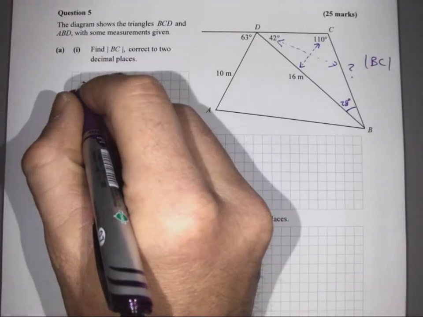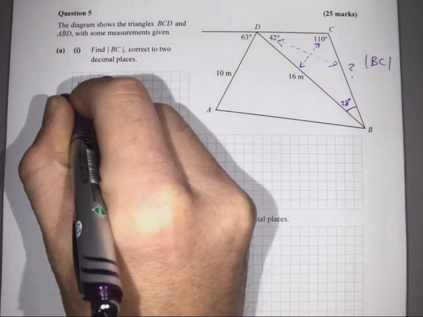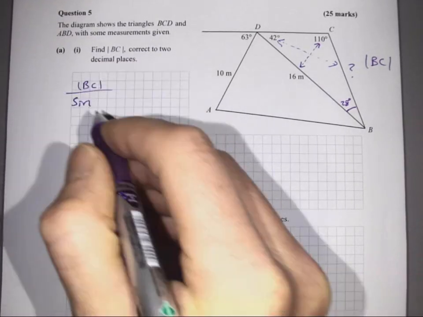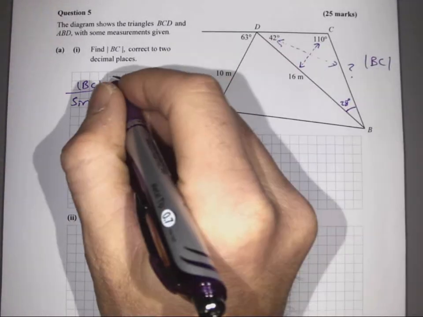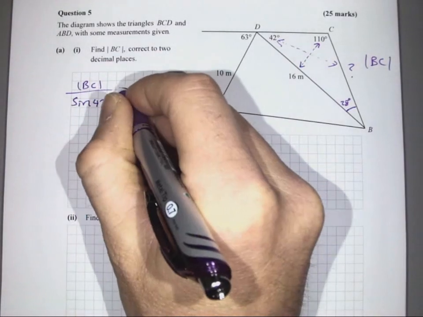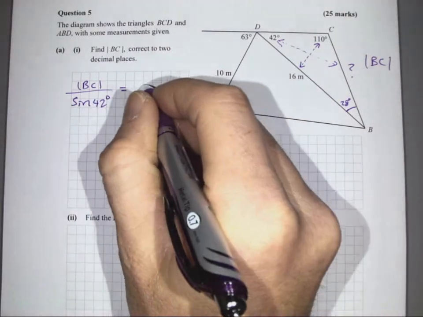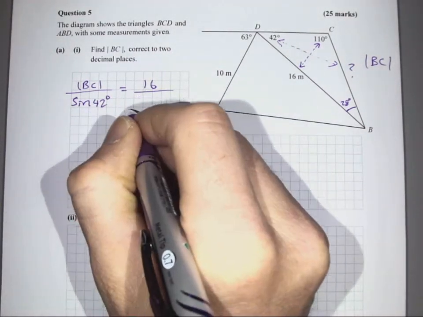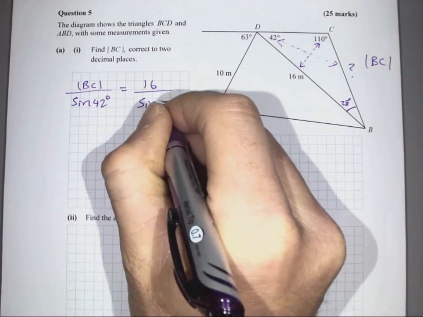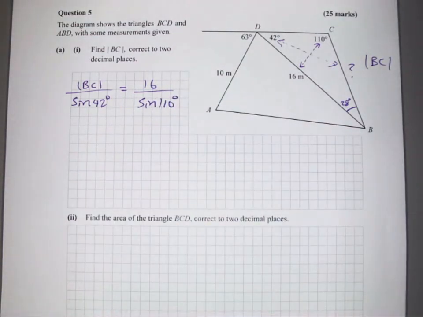So using the Sine Rule, BC over the sine of 42 degrees equals 16 meters over the sine of its opposite angle, 110 degrees.